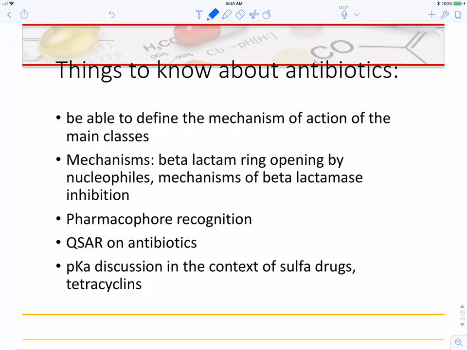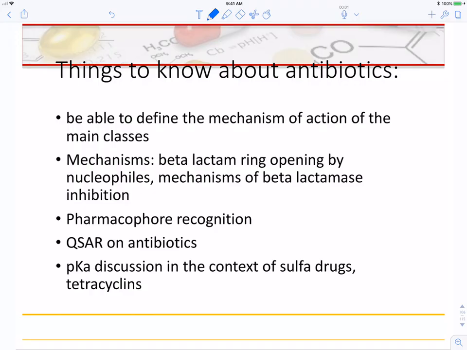The other thing that I would like you to remember is basically problems associated with antibiotics, especially with the beta-lactam antibiotics. So the mechanism of action that involves attack of a nucleophile on the beta-lactam ring, both in terms of mechanism of action, but also in terms of beta-lactamases, which now destroy the antibiotic.